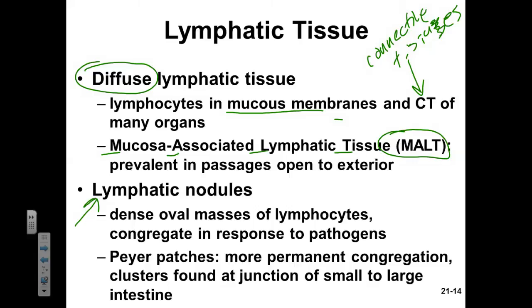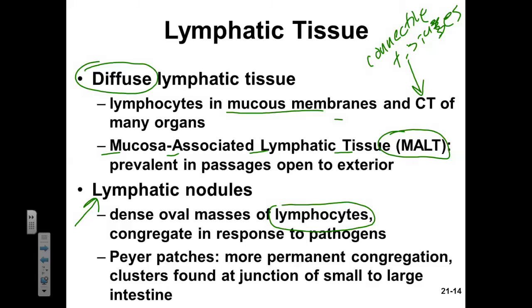If we look at our lymph nodes, these lymph nodes have very dense masses of lymphocytes or lymphatic cells. These lymph nodes, generally speaking, are about the size of a kidney bean if they are not swollen up.